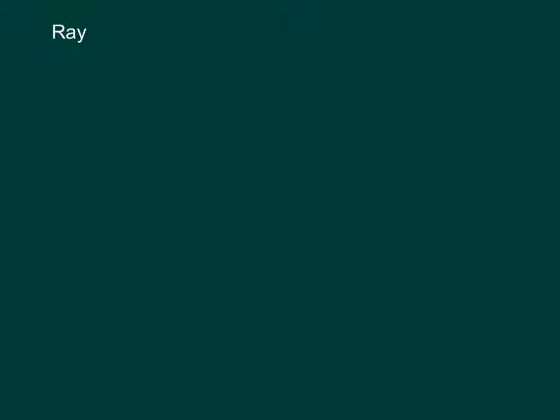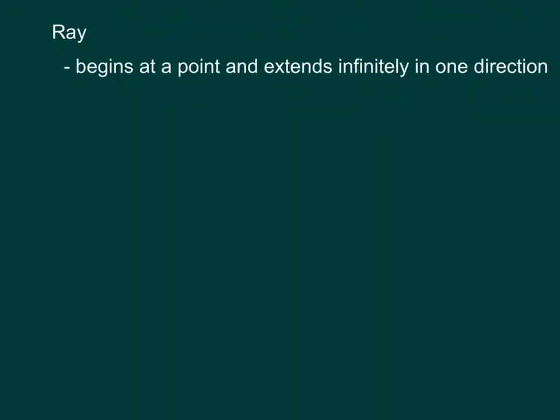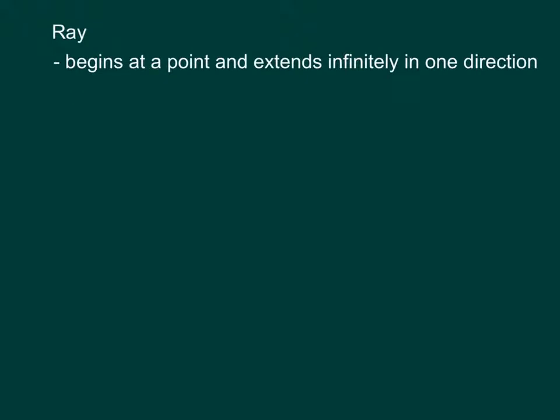So now we have ray, and no, not short for Raymond. Think about this one for just a sec. So here comes the definition of a ray, a geometric definition. It begins at a point and extends infinitely in one direction. There you go.